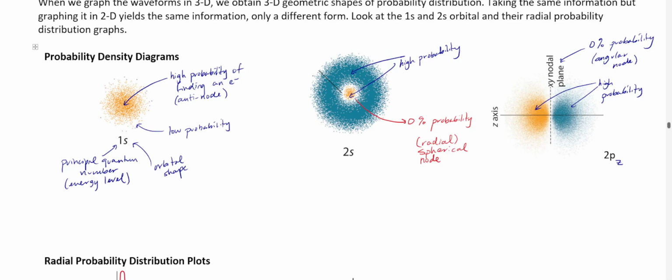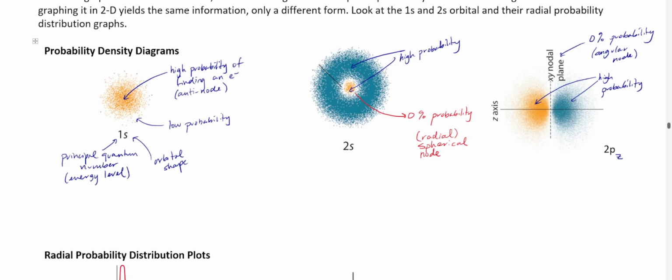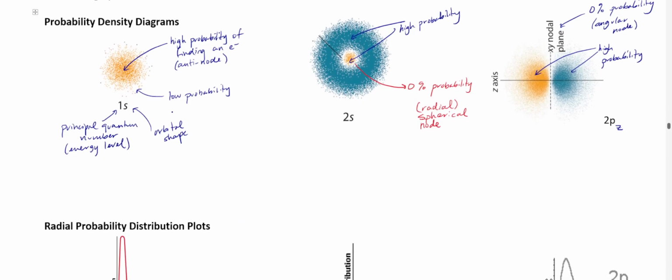When we look at these right here and we plot their radial probability distribution plots, radial meaning radius, that means we're looking at the probability from the radius. So we're going to start in the middle and go outward.